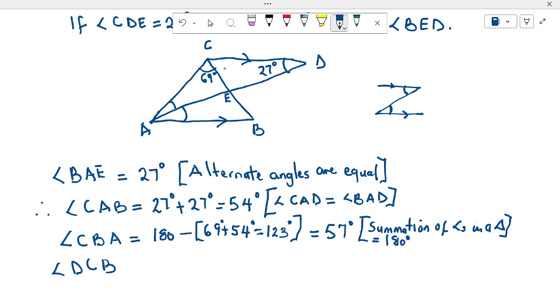It's a Z angle. Line CD is parallel to line AB. Therefore, this angle will be equal to this angle, Z angles. So therefore, angle DCB will be equal to 57 degrees. Reason, alternate angles are equal.